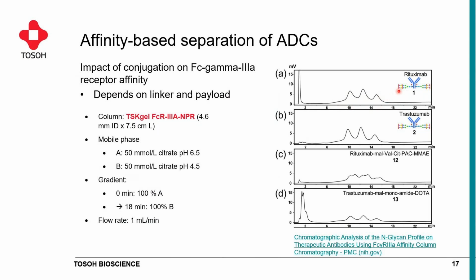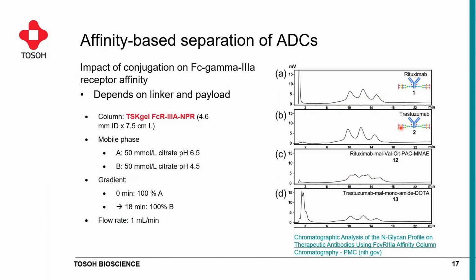Now, if we look at conjugated molecules of exactly those mAbs, we will see that we do have an impact. Not so much on rituximab, for instance. There we see the peaks get a little broader. We have more like a double peak for each of them. But still, we can say we do have some kind of ADCC that is happening here.